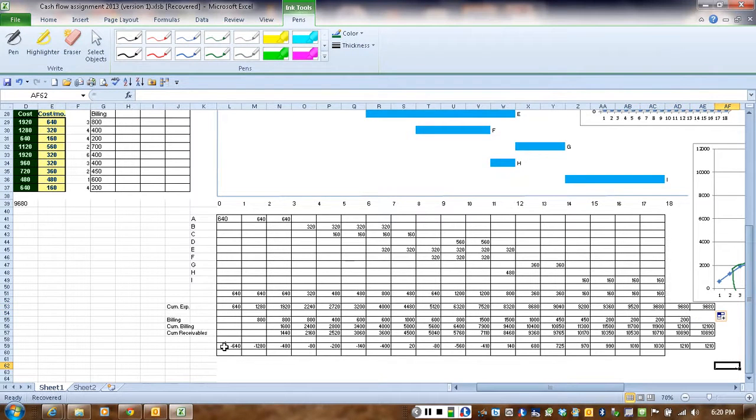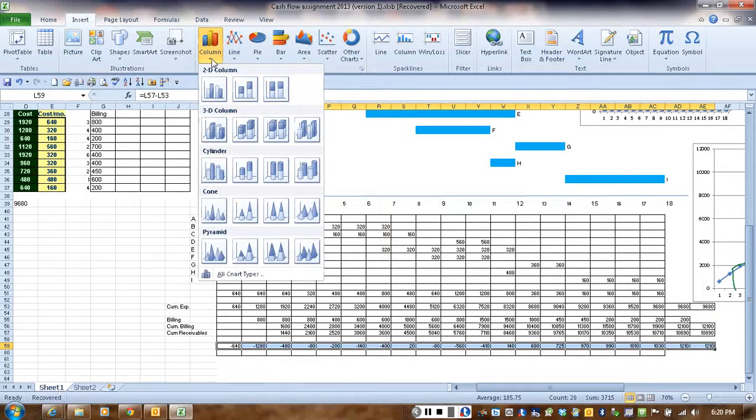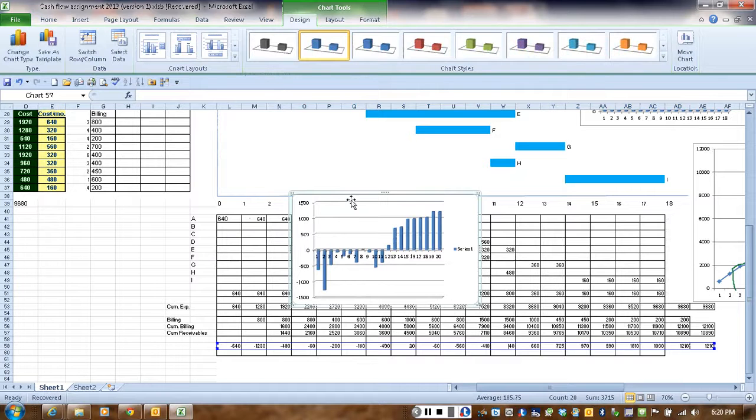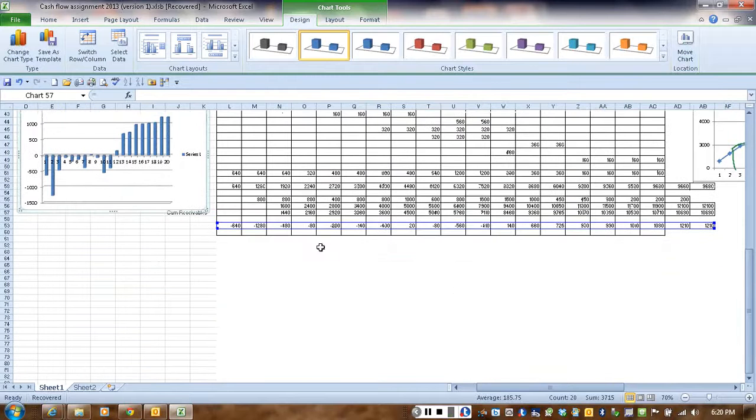And we're going to draw a graph, a histogram showing these numbers. So that shows your net cash flow.